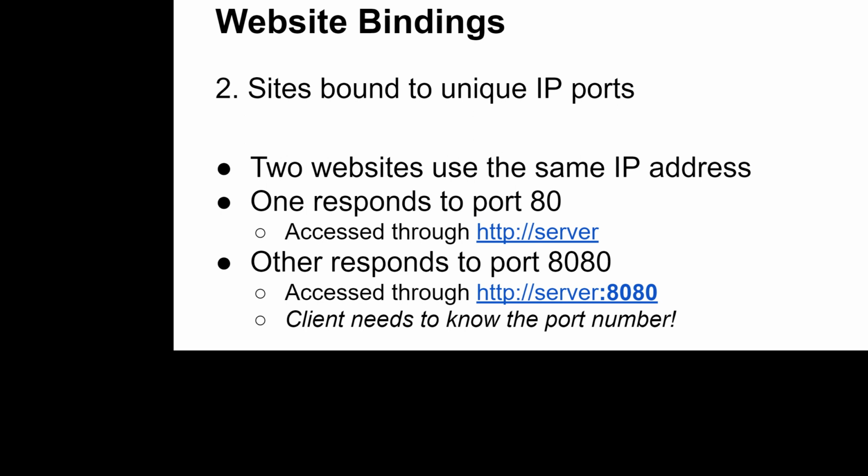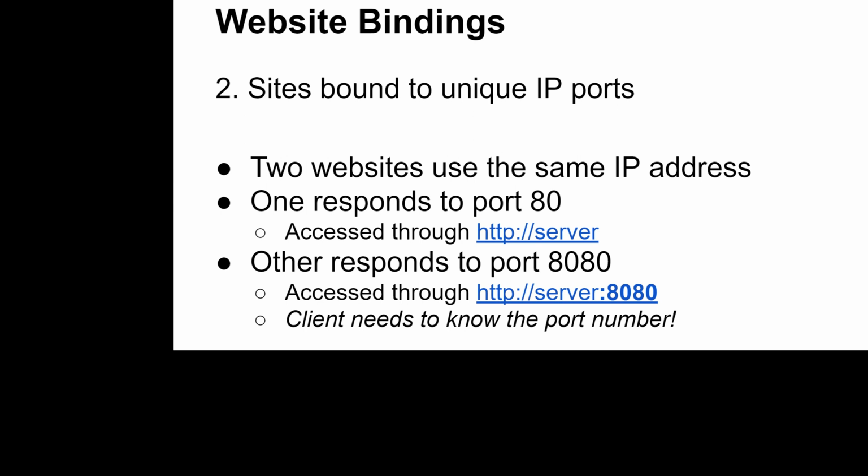The problem with this method, though, is the client needs to know the non-standard port number. So if you wanted to give a website on port 8080, then you would have to specify in your URL :8080 after that particular server. And it doesn't look nice.